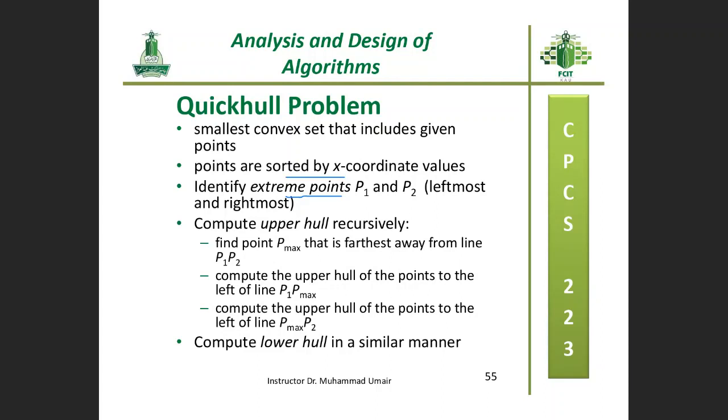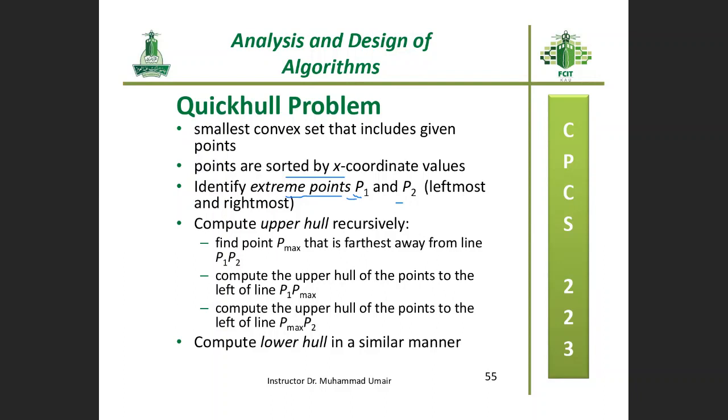Extreme points you have determined, for example P1 and P2, which are the leftmost and the rightmost. When you have sorted the points with respect to x coordinate, you can easily identify the minimum x and the maximum x. Is that clear?